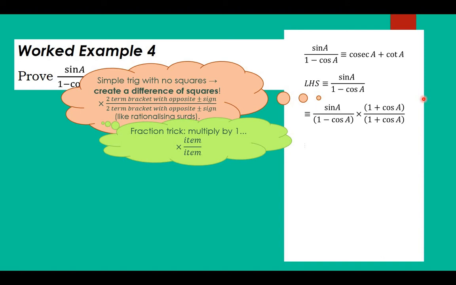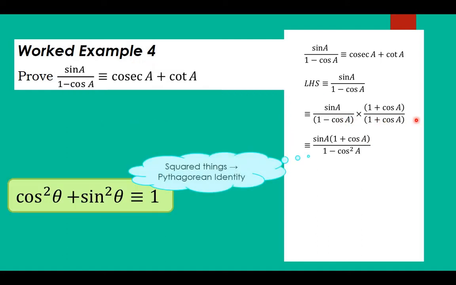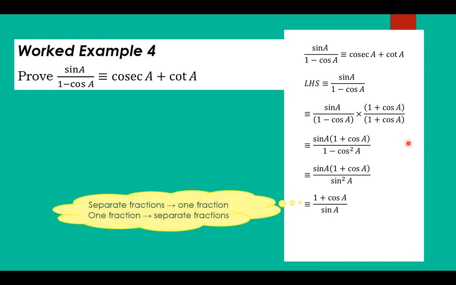Okay, so you can see now we've got the factorised version of a difference of squares, so that is going to play to our strengths. What we want to do is use the Pythagorean identity. So 1 minus cos squared is going to be sine squared, and now we can cancel out. Okay, now we know that we got to here before, and this again is looking very simple and not like what we're aiming for.